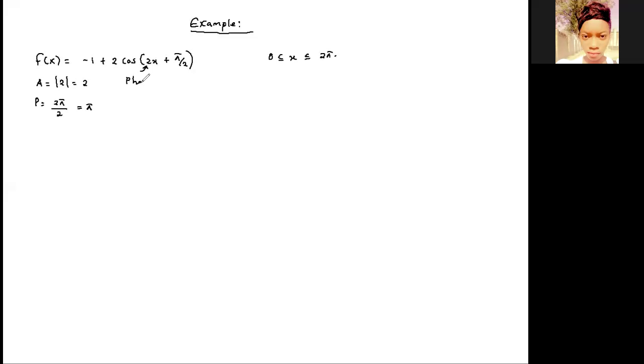Phase shift. 2x plus pi over 2 is 0, so we have 2x is negative pi over 2, so x is negative pi over 4. Vertical shift, this is going to be -1. So we are done with the properties.